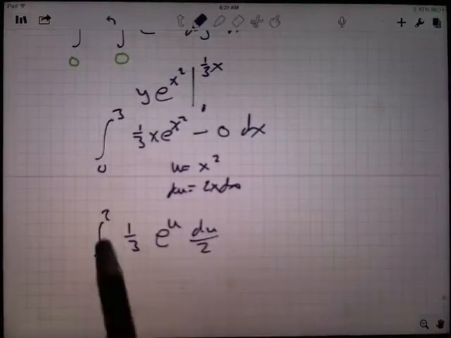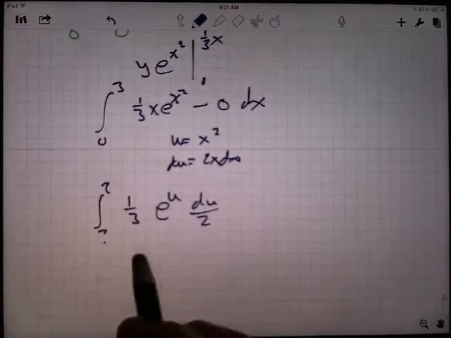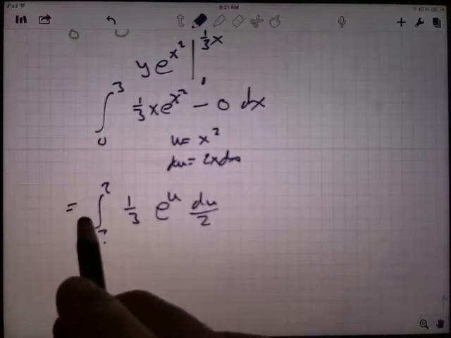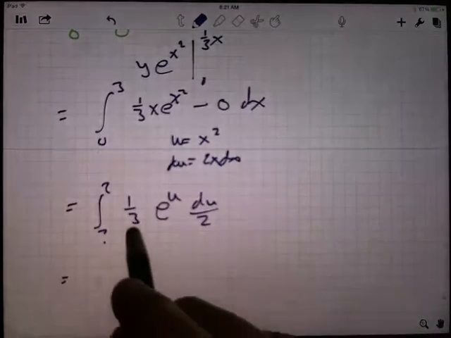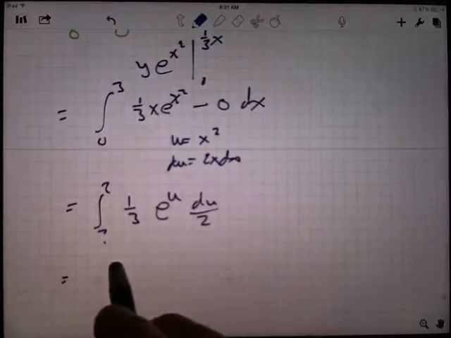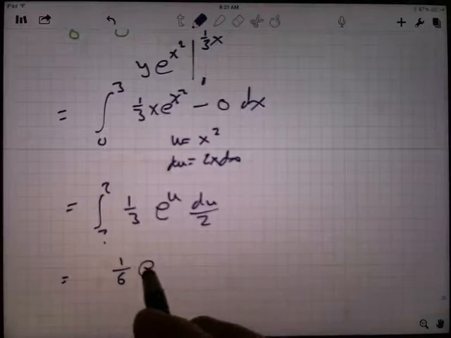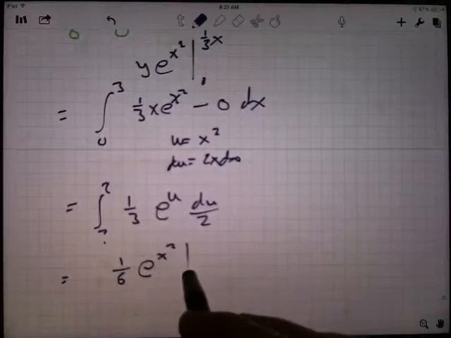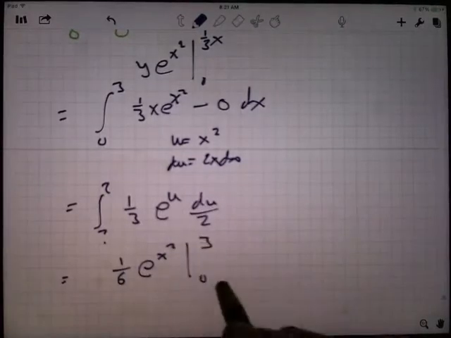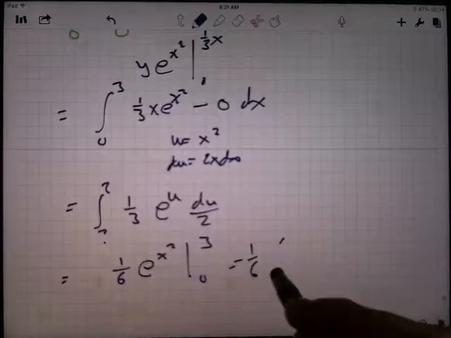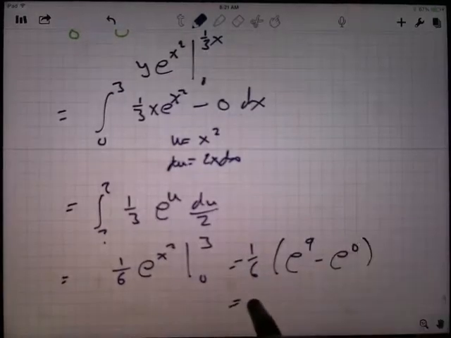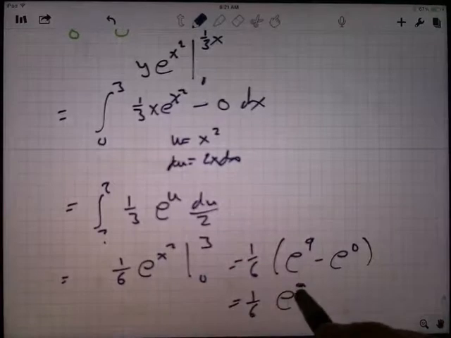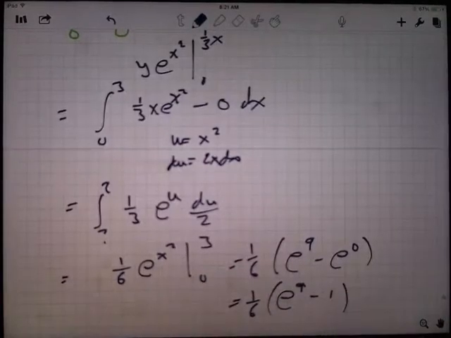And I'm choosing not to worry about the limits here. So that's equal to this. Here we go. So I'm going to have 1/6 e to the x squared evaluated between 0 and 3. So I've got 1/6 times e to the 9 minus e to the 0, which is 1/6 e to the 9 minus 1. Okay.